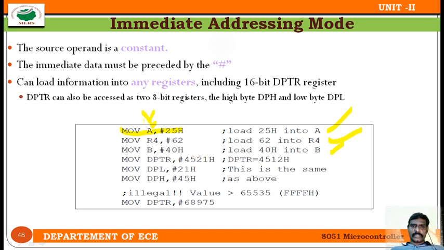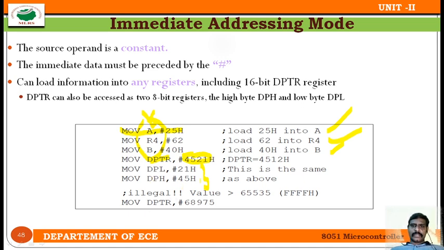Why? Because all these are 8-bit registers, whereas the data pointer is a 16-bit register, so I am transmitting the 16-bit value 4521 into the data pointer. Or in the case of 8-bit, the data pointer is divided into DPL and DPH, like 21 moving to DPL and 45 moving to DPH.